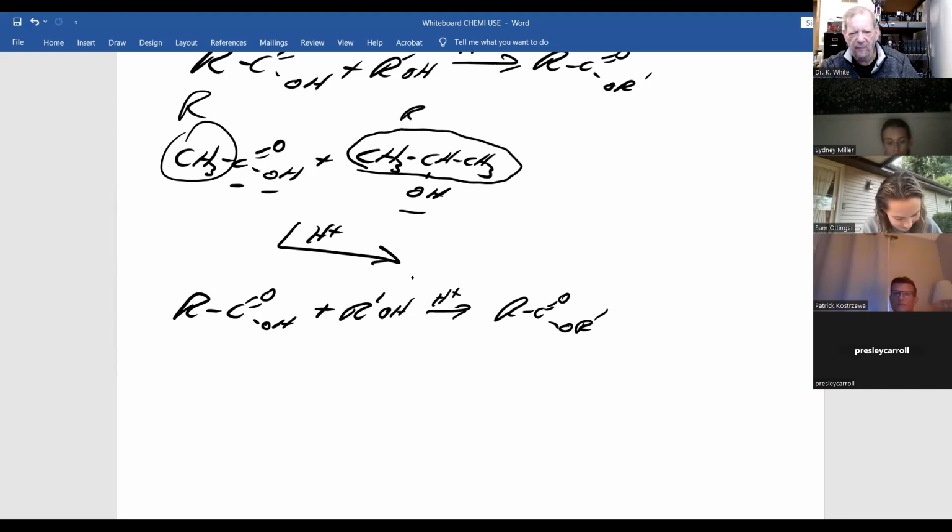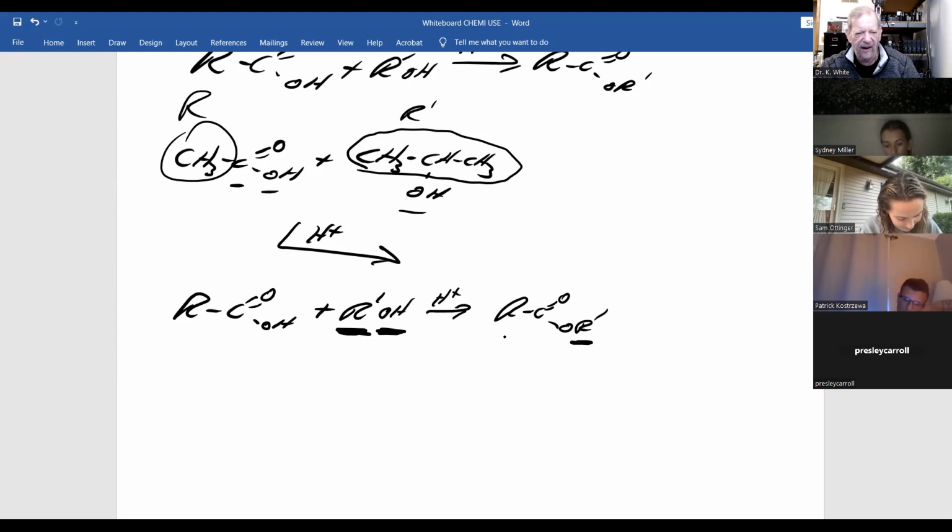What's my R prime? An isopropyl. And the reason I use this example, the carbon in R prime with the OH group is the carbon this oxygen will be bonded to. I'll say that again. The carbon in R prime with the OH group is the carbon this oxygen, the ester, is bonded to.